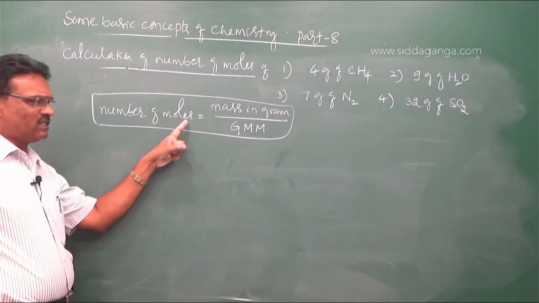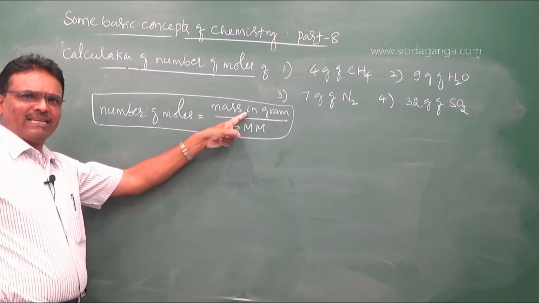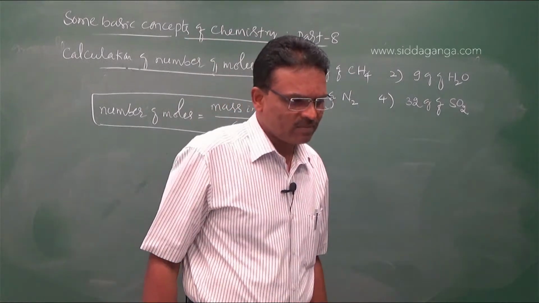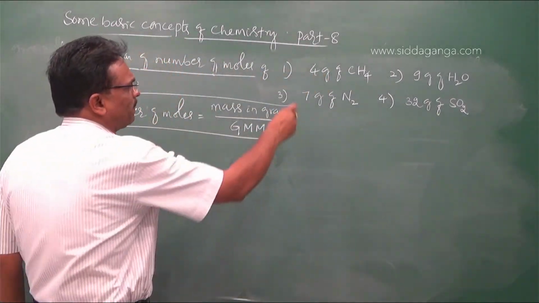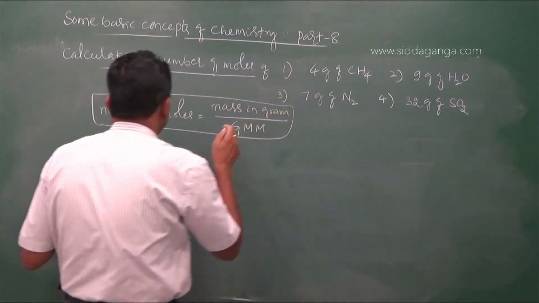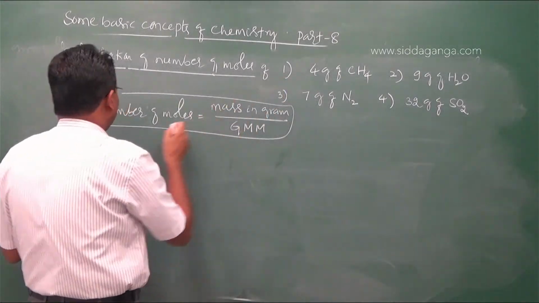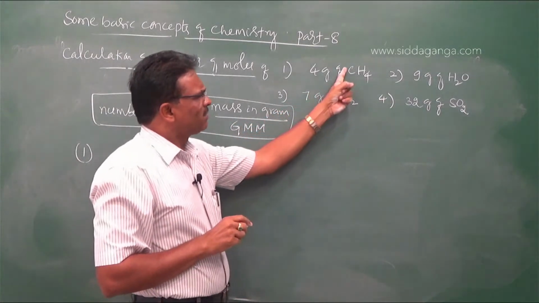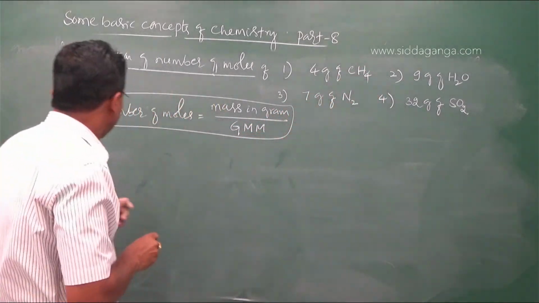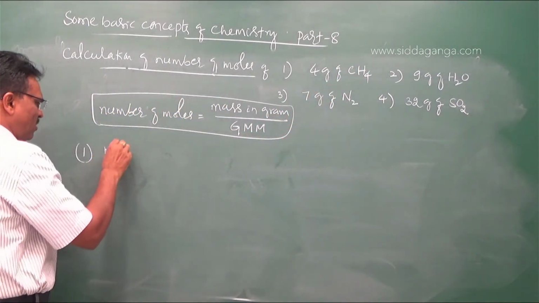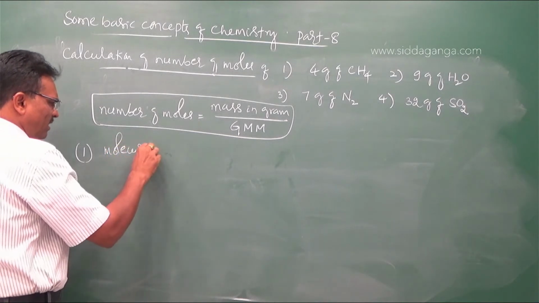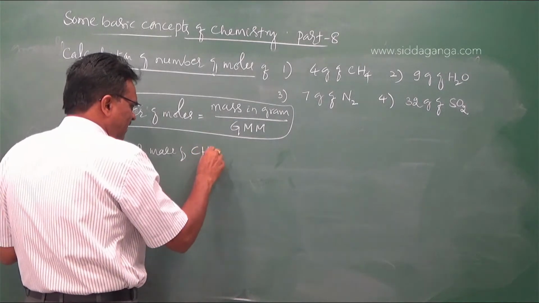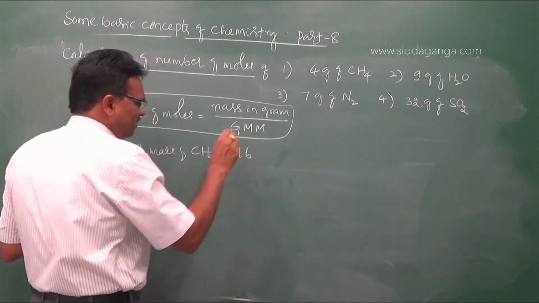Number of moles is equal to mass in gram divided by gram molecular mass. First one, what is the molecular mass of methane? The molecular mass of methane is 16.